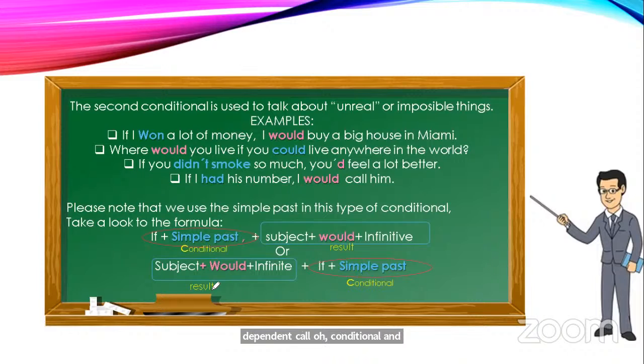Okay, remember, if the sentence begins with if, you need the comma. If your sentence starts with the result with would, you need just the if in the middle of the sentence. Do not forget that, because it's going to be kind of confusing to remember these situations when you use clauses.